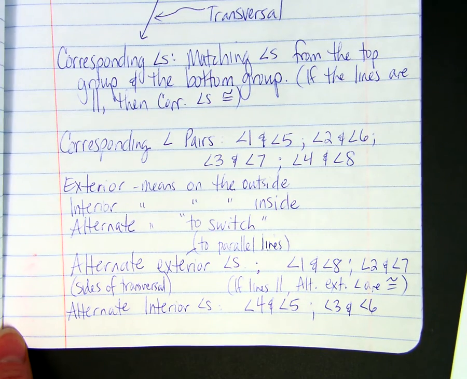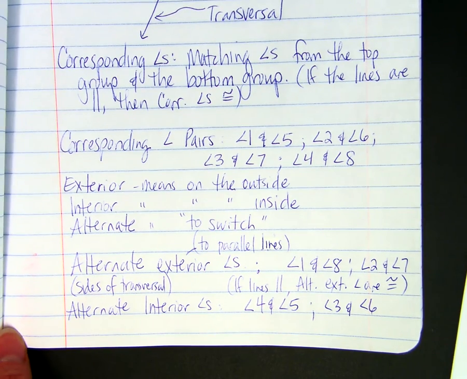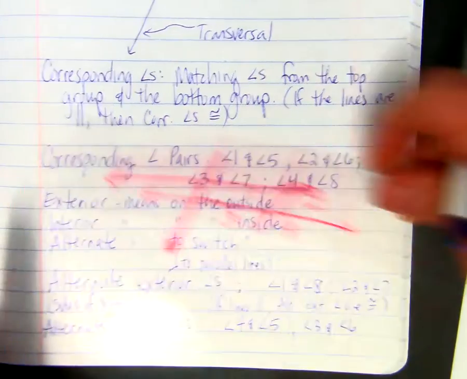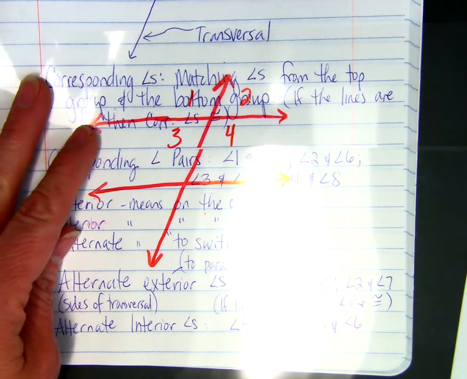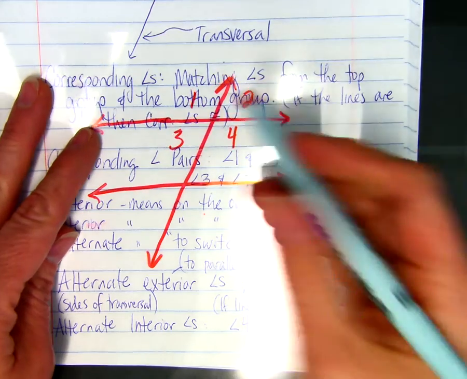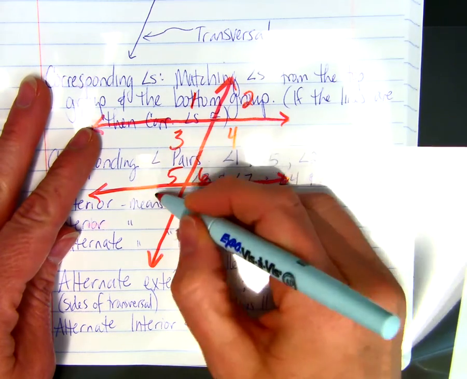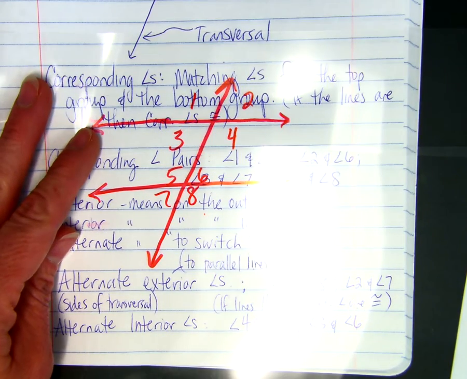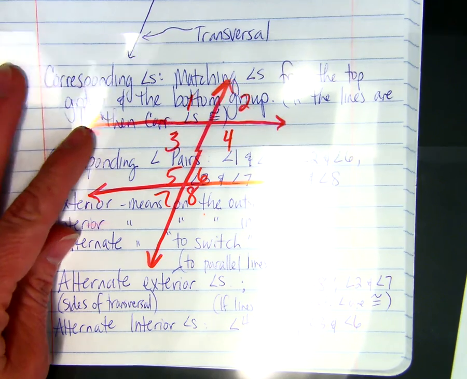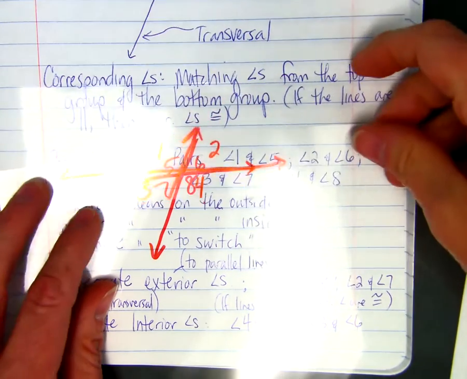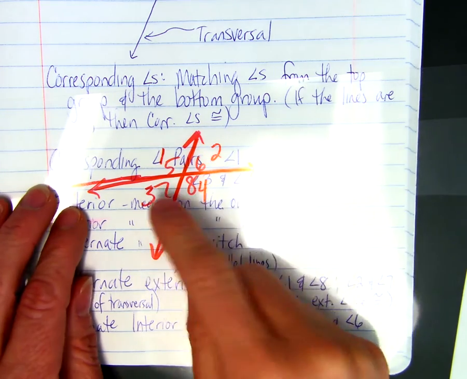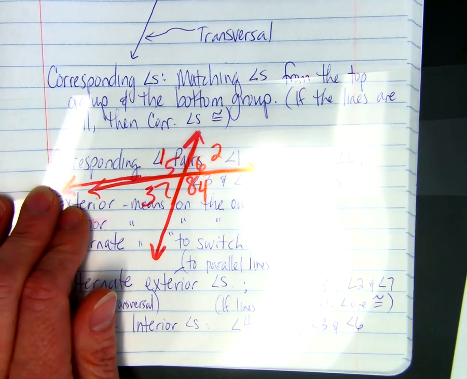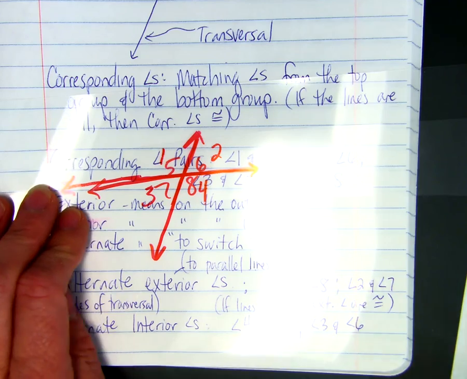You can kind of see it if we have our picture here. Is this going to bother you putting it over top of all these words? If you look at angle 2 and angle 7, notice that they are vertical angles, so they're going to be congruent.